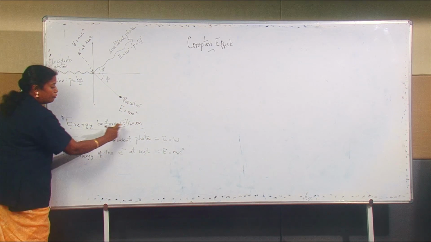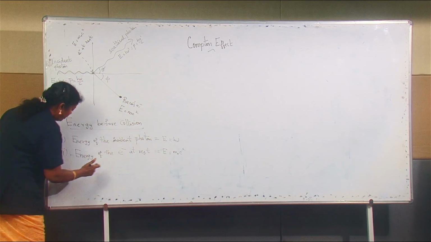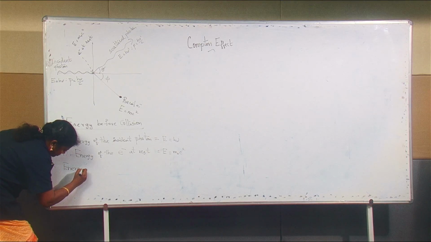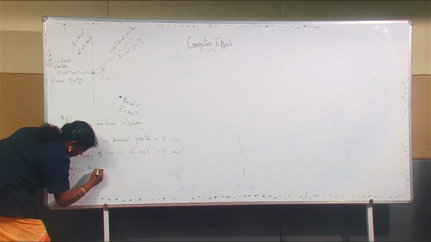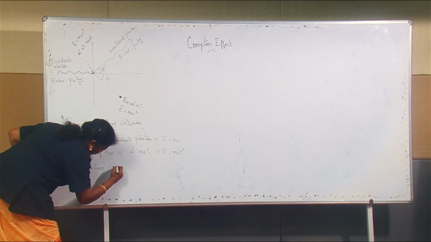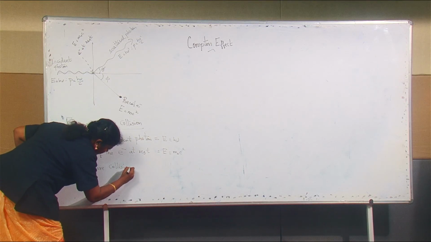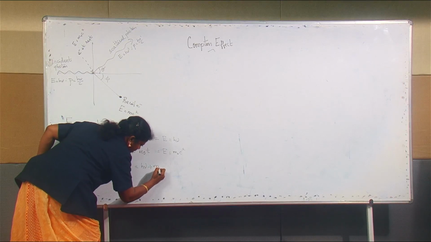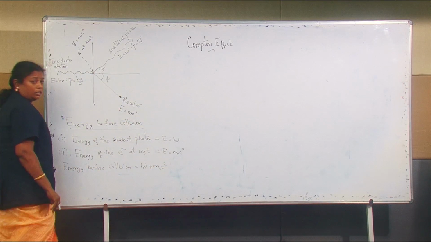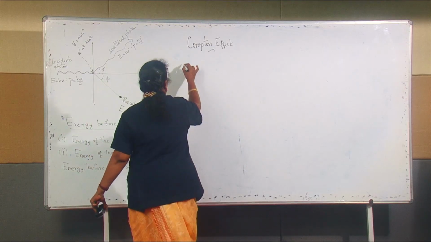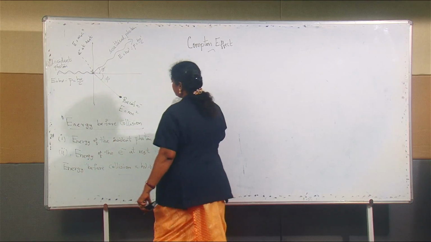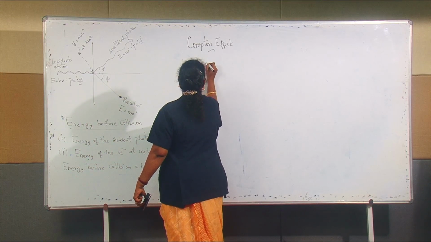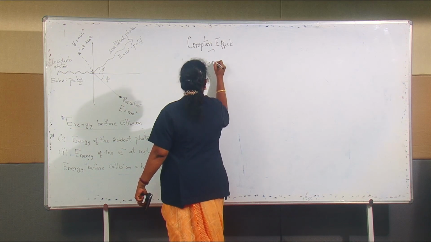So the energy before collision, we can add both, is h nu plus m naught c square. Next is the energy after collision.